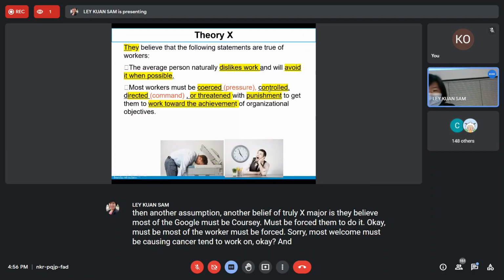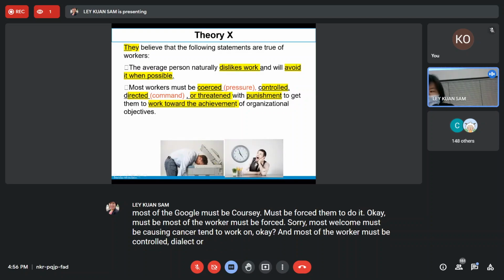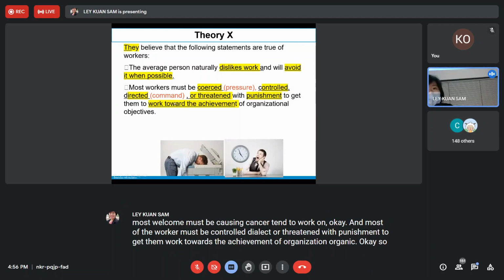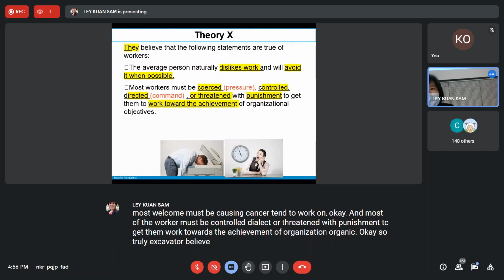Most workers must be controlled, directed, or threatened with punishment to get them to work towards the achievement of organizational objectives. Theory X managers believe like that.